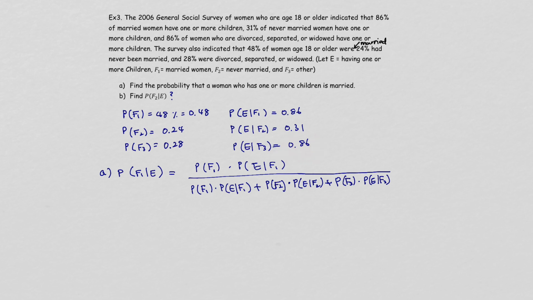The first question is asking to find the probability that a woman who has one or more children is married. So this is asking to find F1 given E. And this is the formula using Bayes' theorem.